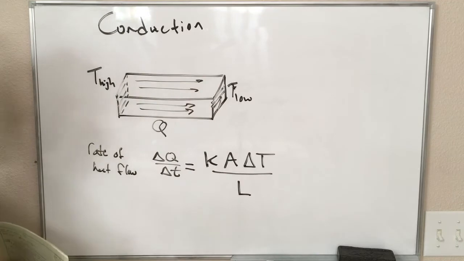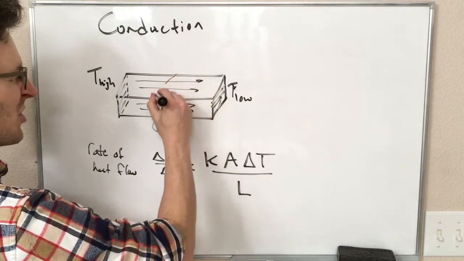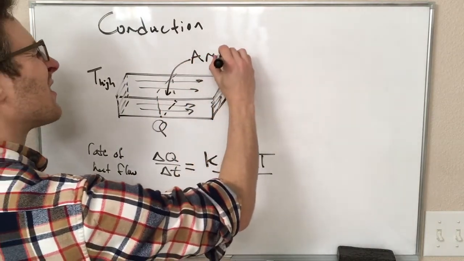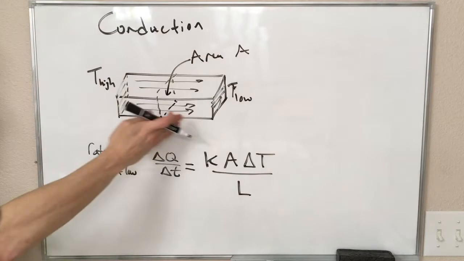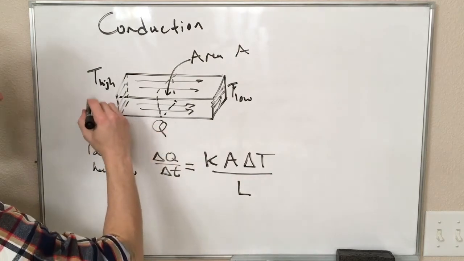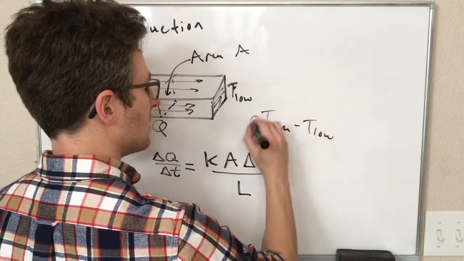It is related to the geometry of this. A is the cross-sectional area. If we slice perpendicular to this flow of heat, we get some area A. Delta T is the temperature difference between these, T high minus T low.